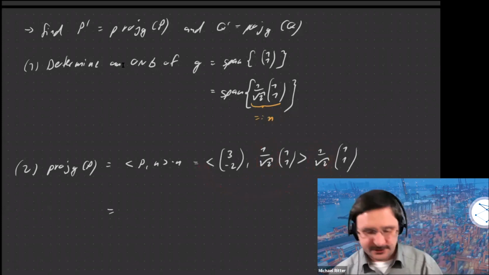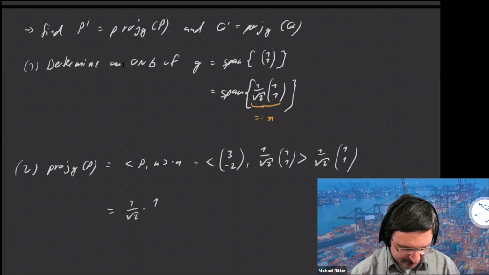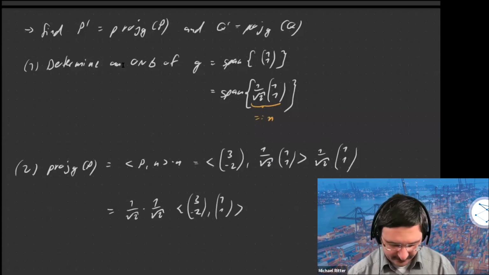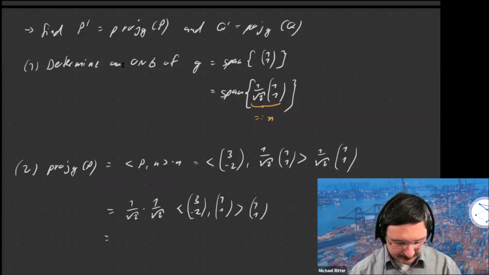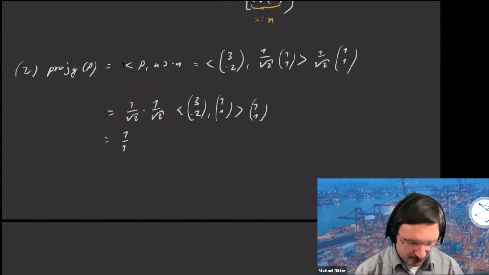If you put both in front of the scalar product, then we get 1 over the square root of 2 times 1 over the square root of 2 times the scalar product, now without that factor, times the vector, again without the factor. So 1 over square root of 2 squared is the same thing as 1 over 2.